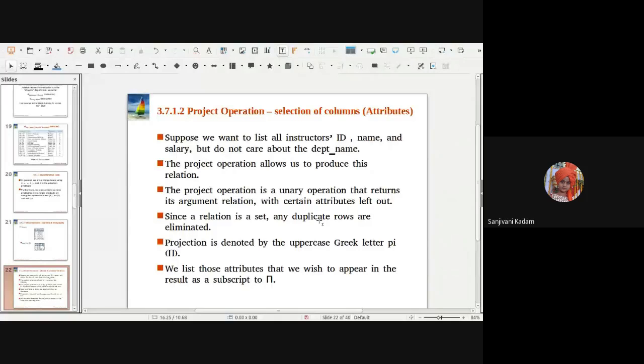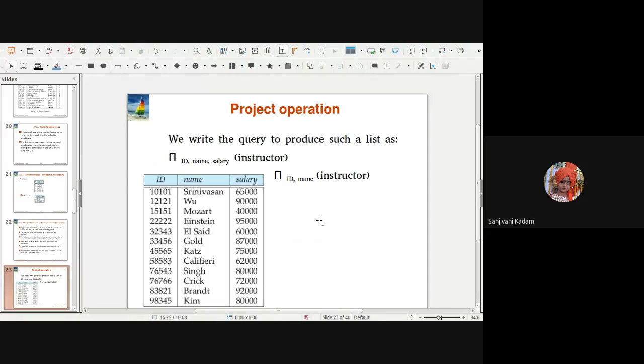So for selecting only those columns which are required for the output, we are using the project operation. Project operation is given by a pi symbol, and as a subscript to the pi we are passing the column list which we want to display, where we have seen a few examples like displaying ID, name and salary of all instructors, or displaying ID and name of the instructors.